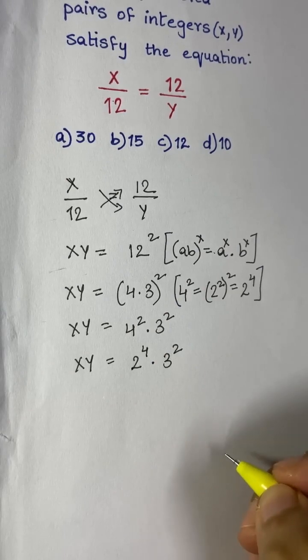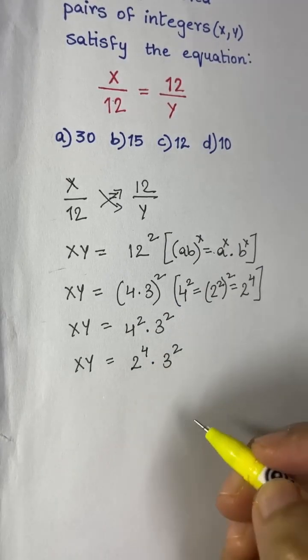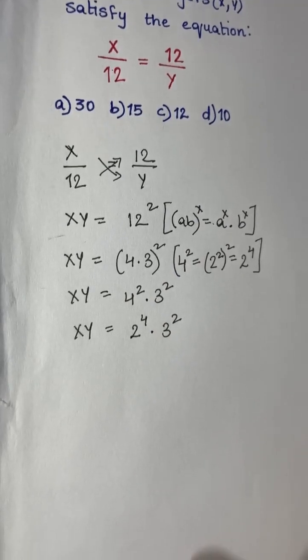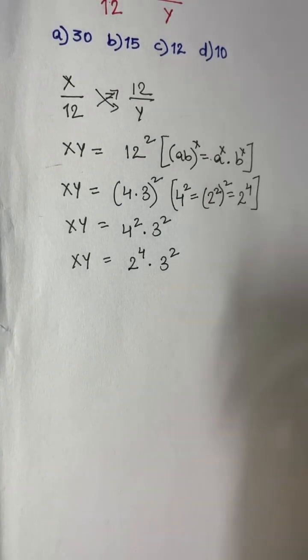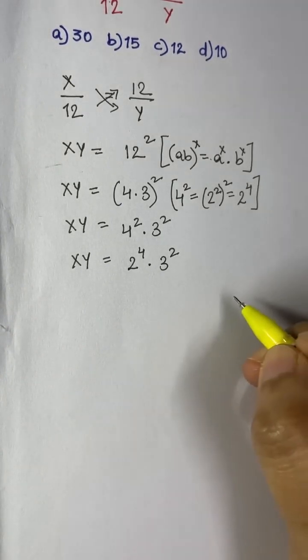Now we have got this, but how to find the factors? What is the rule? If you know this rule, you can find the number of factors or ordered pairs they can make. That's really simple, really easy.